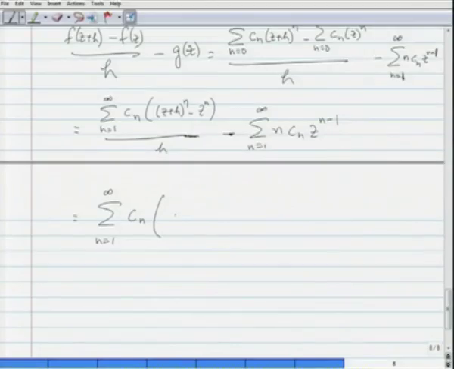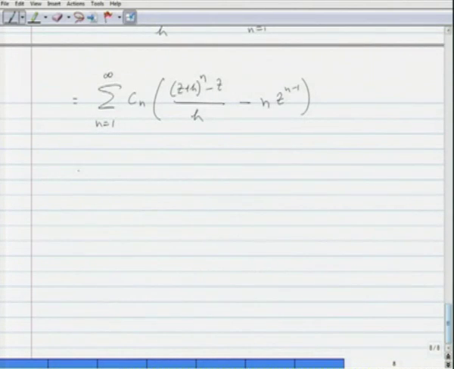So, since both of them are convergent series, I can take the summation altogether at once and then factor out a C n. So, what I have is (z plus h) power n minus z power n divided by h, and then minus n C n, rather, z power n minus 1. So, that is what it boils down to.